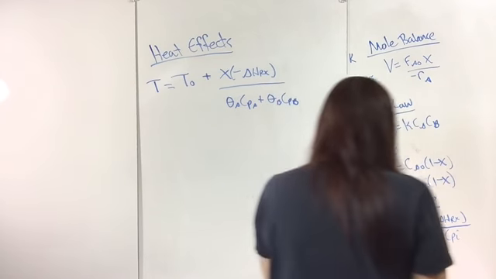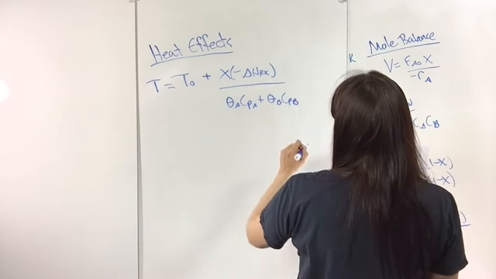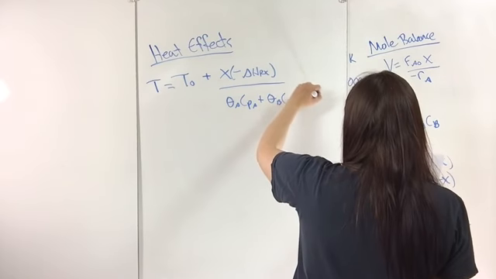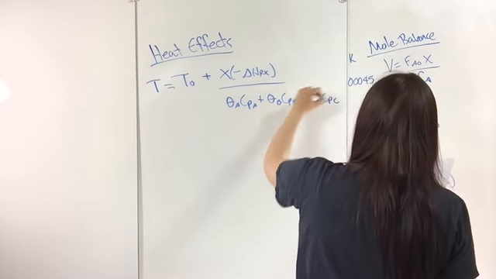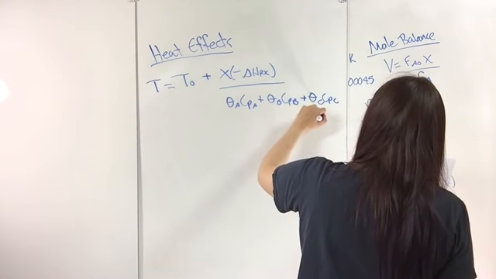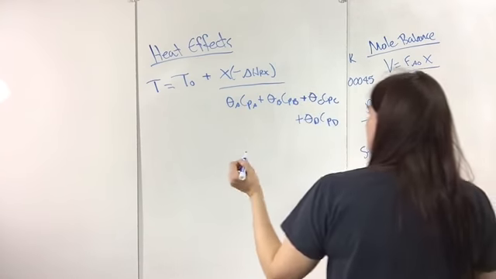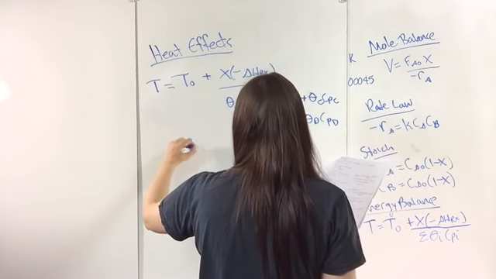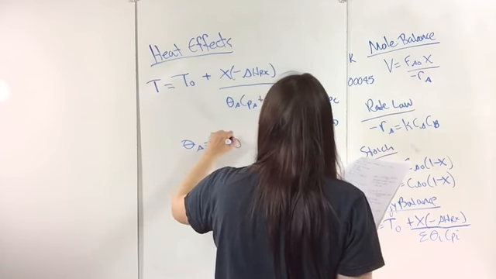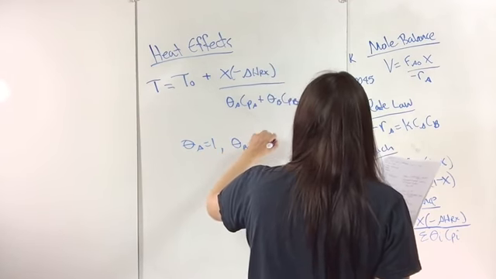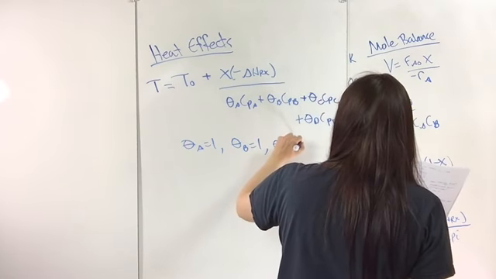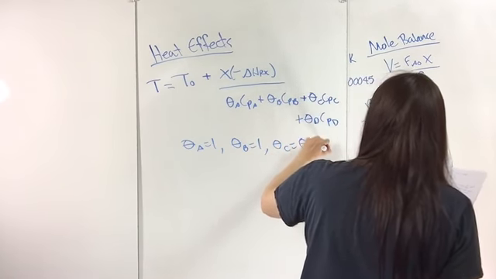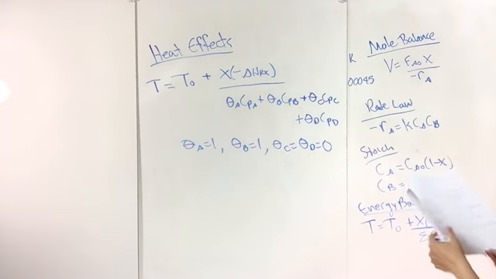And technically this would also be theta C CPC plus theta D CPD. But when you look at these thetas, theta A is 1, theta B is 1, but theta C is equal to theta D is equal to 0.